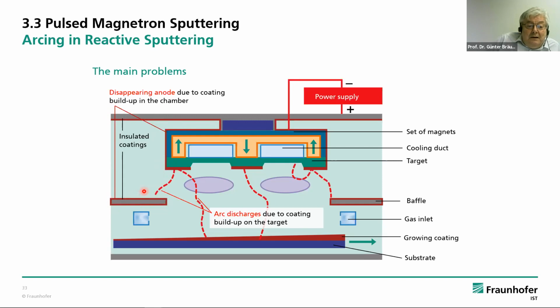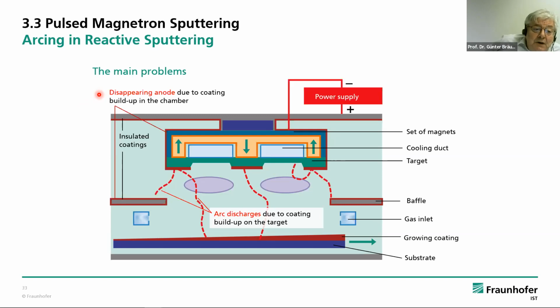The other thing, and I remember the technical director of Advanced Energy at that time, it was Richard Scholl, and in the 90s, he created, I think, the term disappearing anode. The disappearing anode, that means you have a clean anode in the beginning, because you have clean surfaces around the target, but with time all inner surfaces are coated, and you have the disappearing anode.